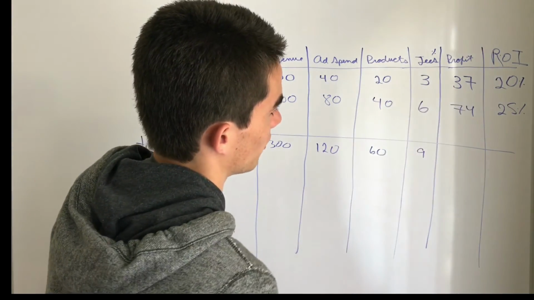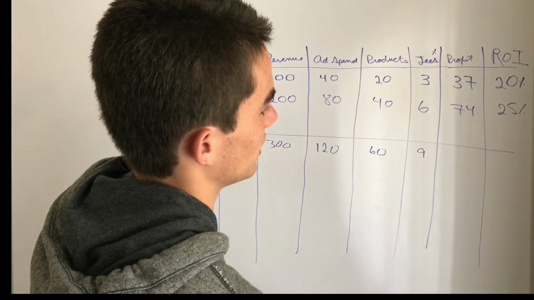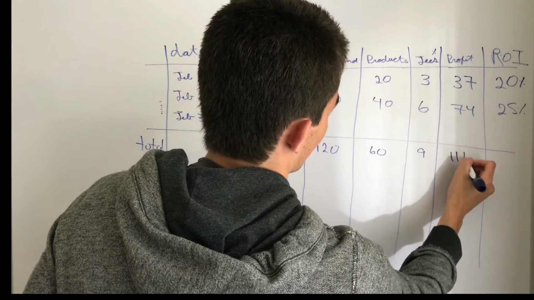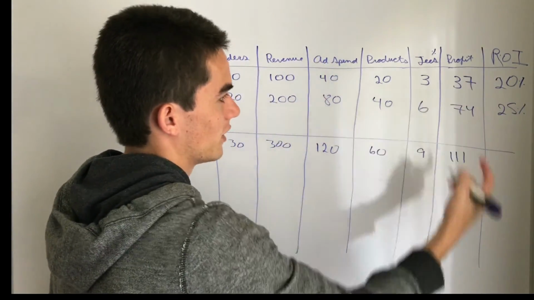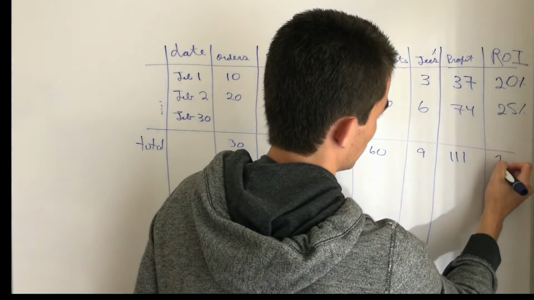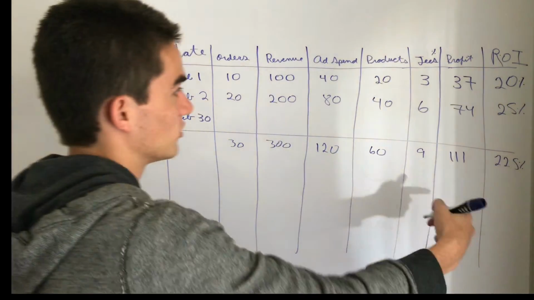It's gonna be the total profit, which in this case, let me see, it's 100 plus 11, $111, and the return on investment will be around 22.5%, something like that. So you will see your numbers every single month.